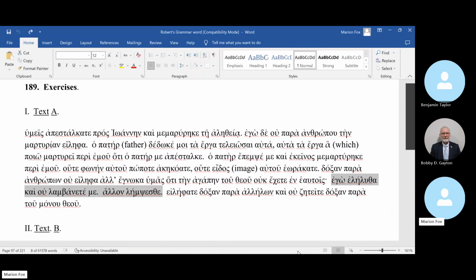But let's take the next sentence, if you would. Allon lempsesthe. I put those together. I don't know why I did that. Didn't see the period. Let's see.